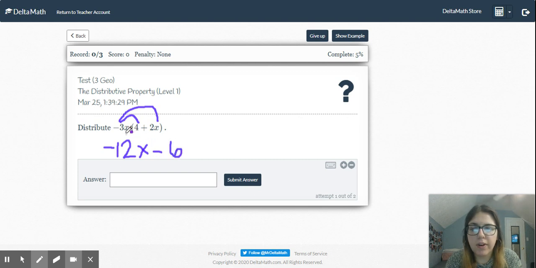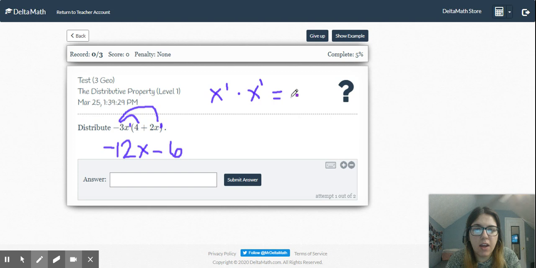And then when I multiply x times x, both of these variables have an exponent of 1. Okay, so even though it's not written, they both have an exponent of 1. And whenever we multiply variables together, so if we multiply x to the first times x to the first, which is what's happening here, we have to add the exponents.